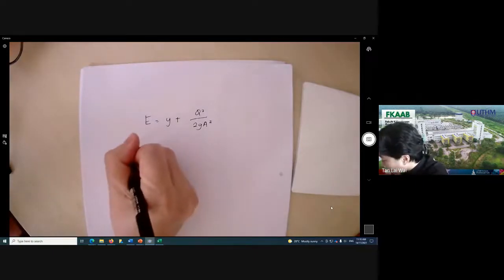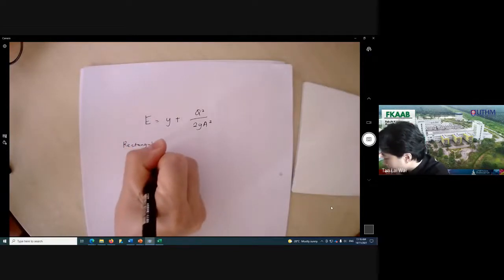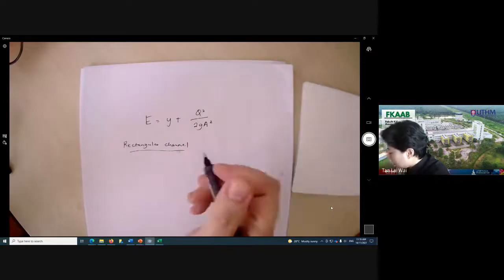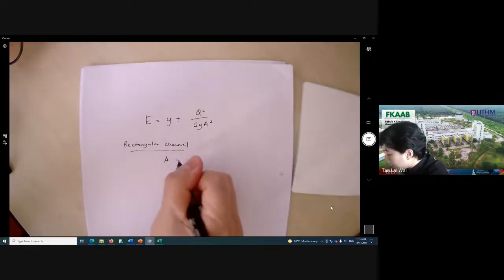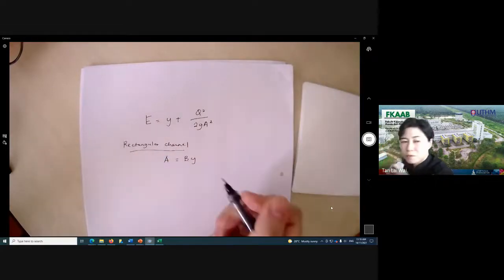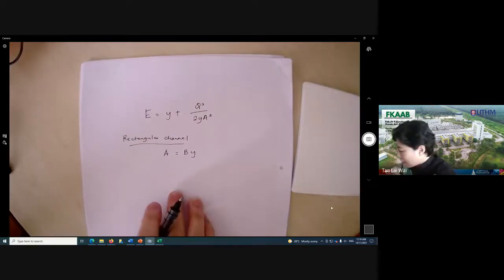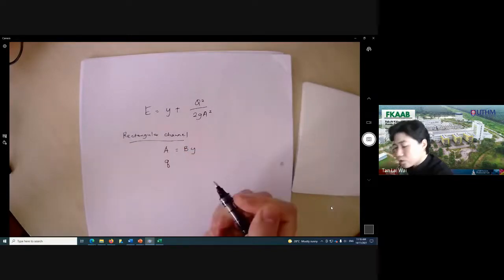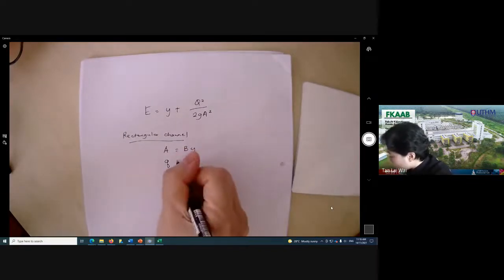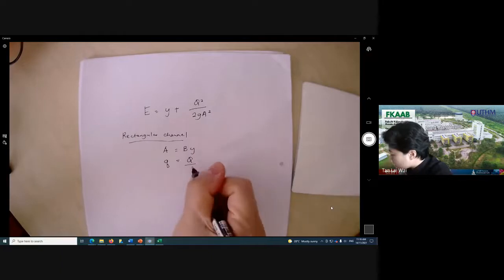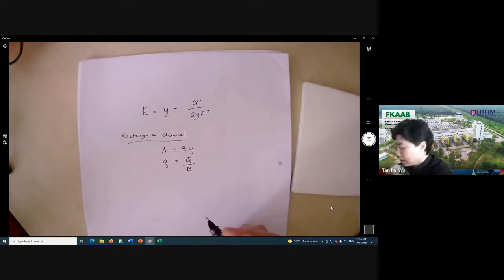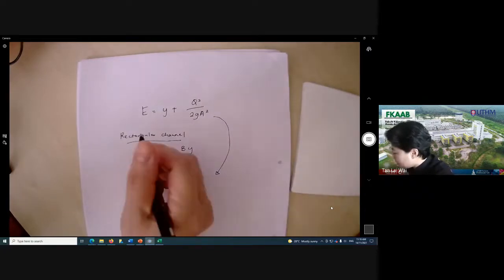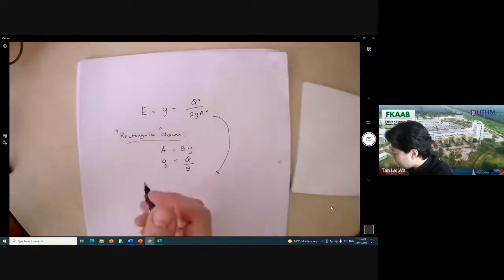Okay, now for a rectangular channel, I know that A, the flow area, is equal to B times y. I also know that I can use discharge over unit width, which is discharge over B. I could simplify this for a rectangular section.